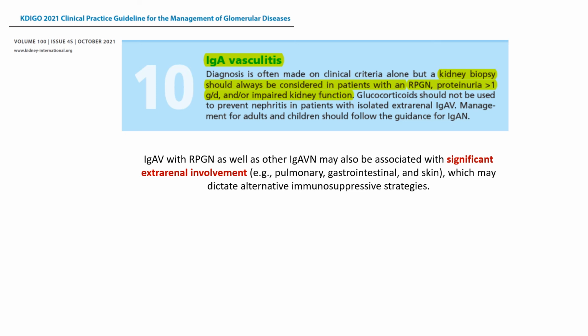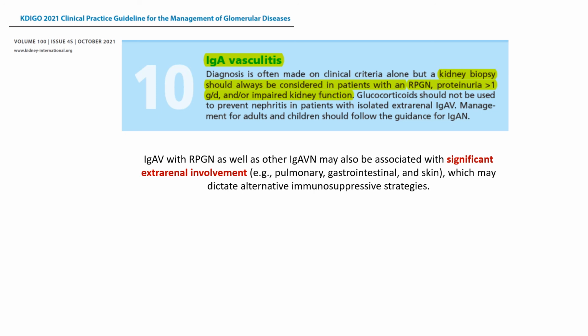So we have two shapes of IgA nephropathy with crescents. IgA with rapidly progressive glomerulonephritis, where the condition is limited only to the kidney. And IgA vasculitis, which has IgA nephropathy with crescent formation and RPGN plus extrarenal manifestations.